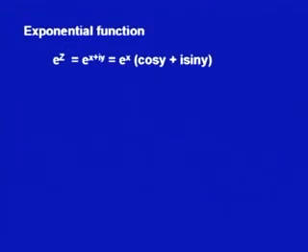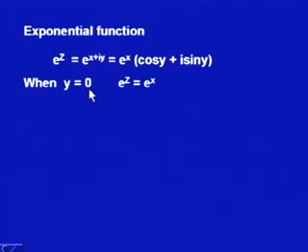We start with the exponential function. The exponential function e^z, we define it as e^(x+iy) = e^x multiplied by (cos y + i sin y). We have defined this function in a manner so that when z becomes x, it is the usual exponential function of a real variable.